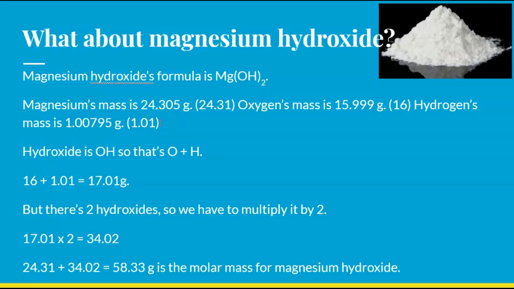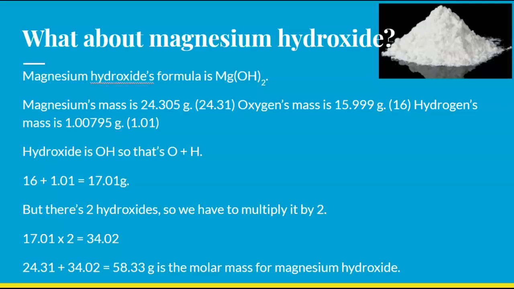I would take hydroxide, which is O plus H, and 1 hydroxide is 17.01 grams, but there's 2 hydroxide. So I take that 17.01 and times it by 2, and then add magnesium's mass, 24.31. So I add magnesium's mass plus the 2 hydroxide masses, and I get 58.33 grams.